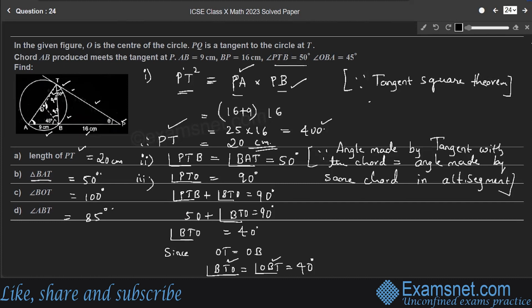The angle made by the tangent with the chord is equal to the angle made by the same chord in the alternate segment. Therefore, BAT is 50 degrees. To find BOT, we are using the radii. Radii are equal, therefore their opposite angles are equal. Therefore, the remaining angle BOT is 100 degrees. And angle ABT, the sum of two angles, is 85 degrees.